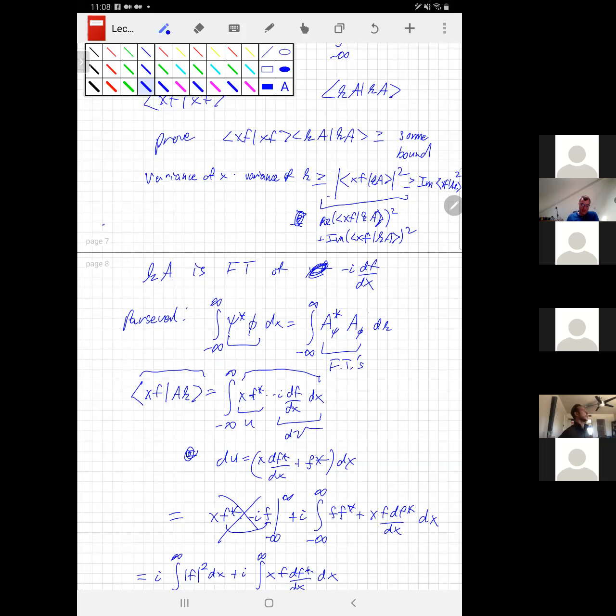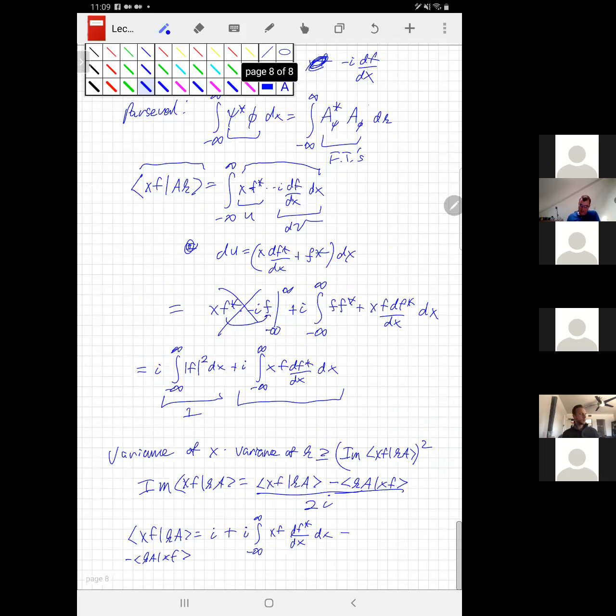The complex conjugate of the integral that I originally had, we'd replace a minus i here with an i, an f star with an f, and the derivative of f with the derivative of f star. So we would be subtracting off i times the integral of xf df star dx.